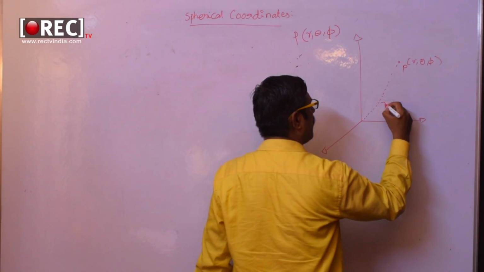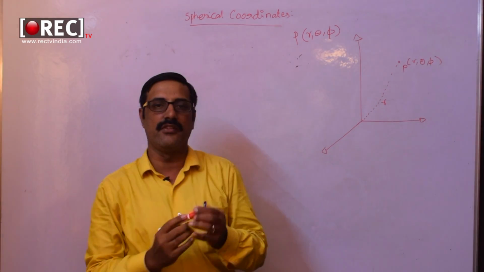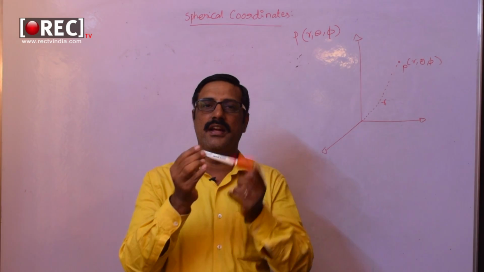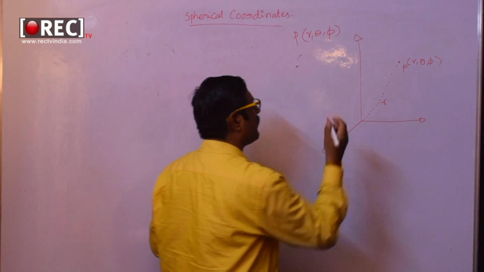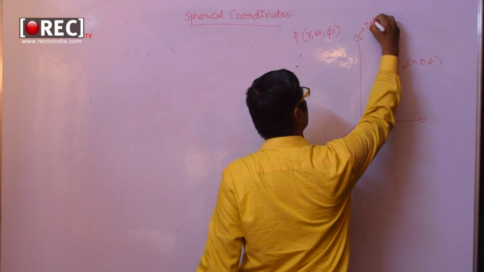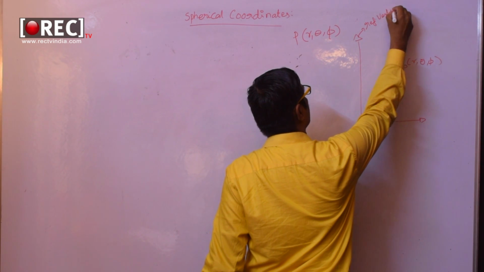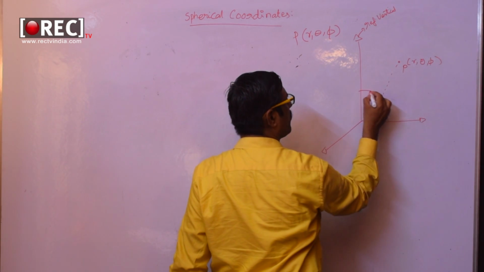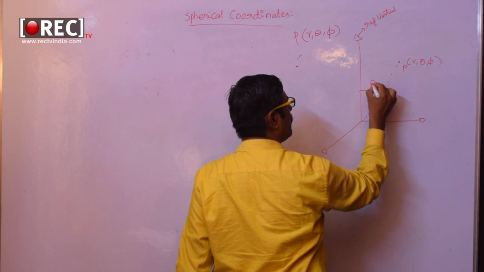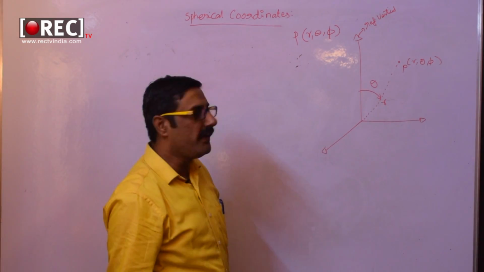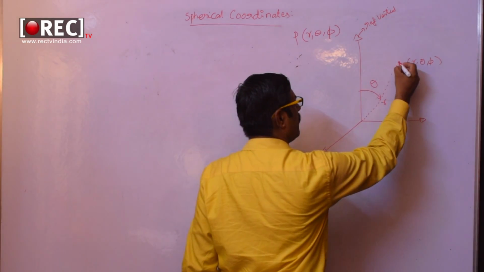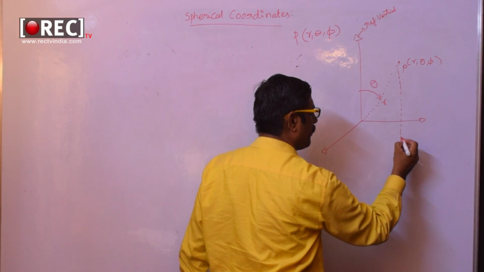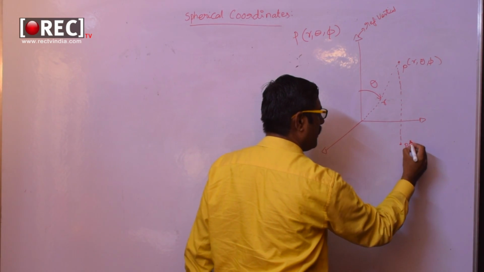And what is theta? This vertical angle is theta. That means the angle made between the reference vertical and the radius vector. So, this angle would be your theta. Now make this point fall onto the ground or floor. Let me name it P dash.